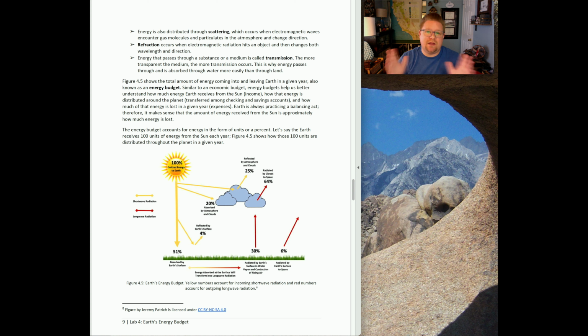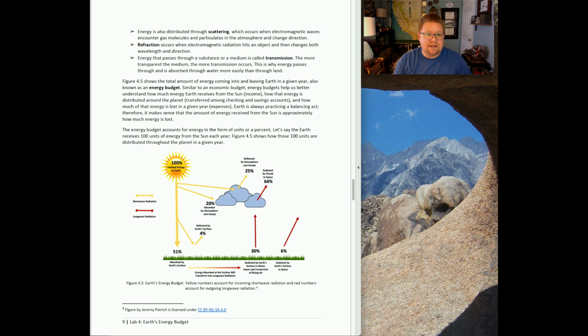So assuming that the Earth receives, whatever it receives, that amount is 100%, where does it go? As we can see here, about 51% of it is absorbed along the Earth's surface. And then we can see that other things do happen with that energy, and it transfers a little bit here and there. So make sure you clearly understand and observe and interpret those numbers and values and why it works in that manner.